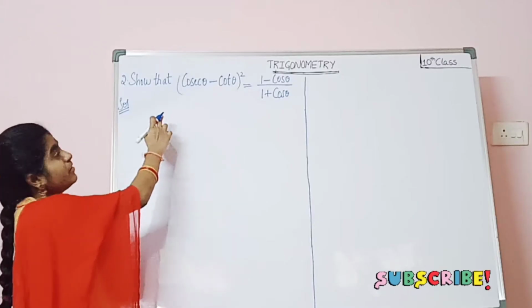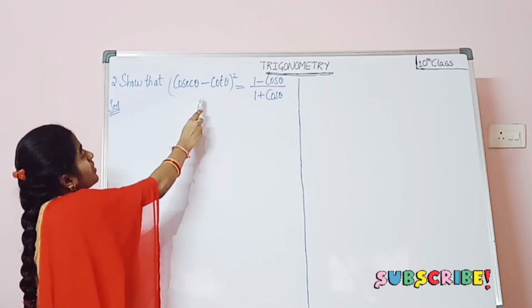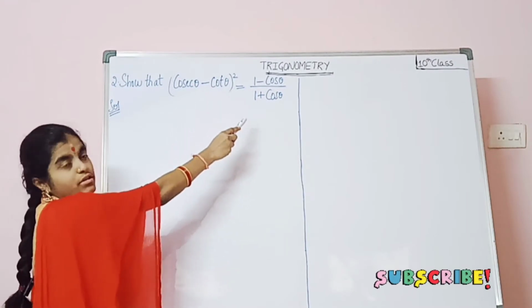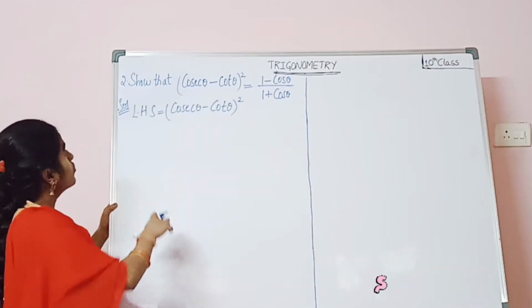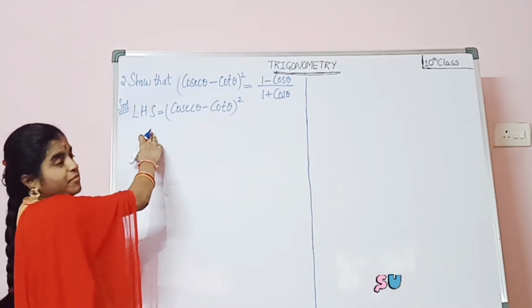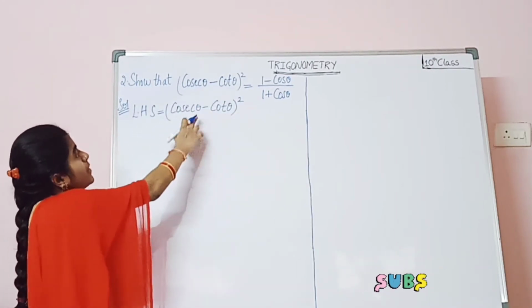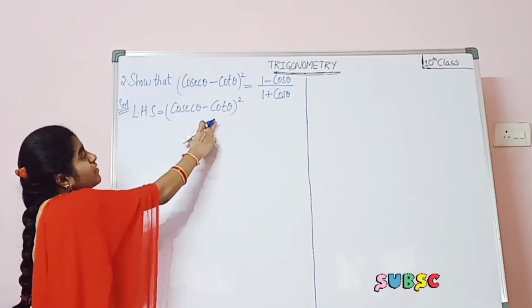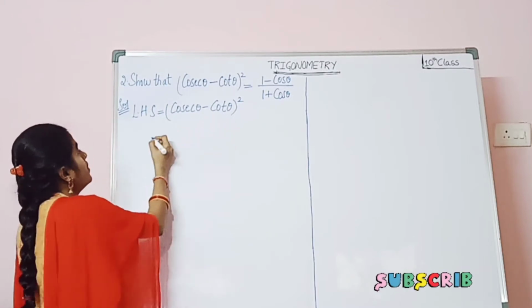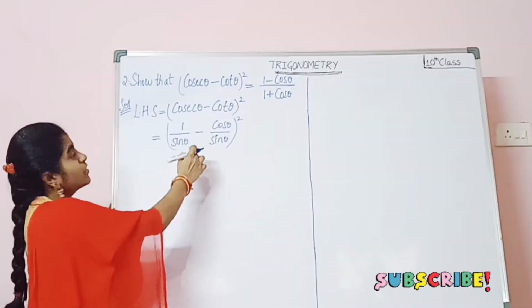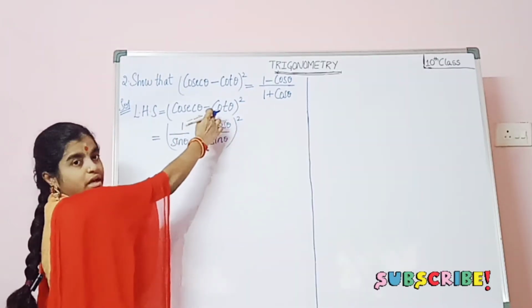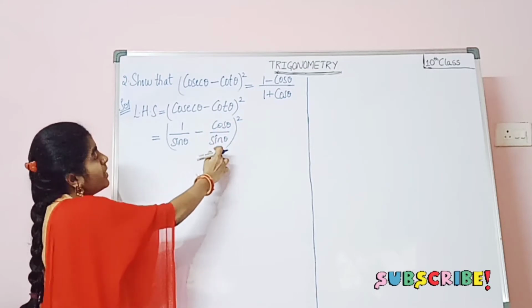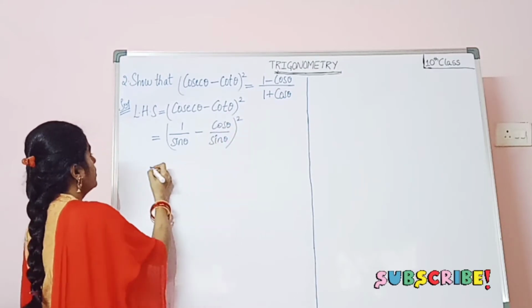So next question. Show that cosecant theta minus cot theta whole square equals 1 minus cos theta by 1 plus cos theta. So here LHS, the left hand side, equals cosecant theta minus cot theta whole square. That equals, the cosecant theta can be written as 1 by sin theta minus cot theta can be written as cos theta by sin theta, whole square.